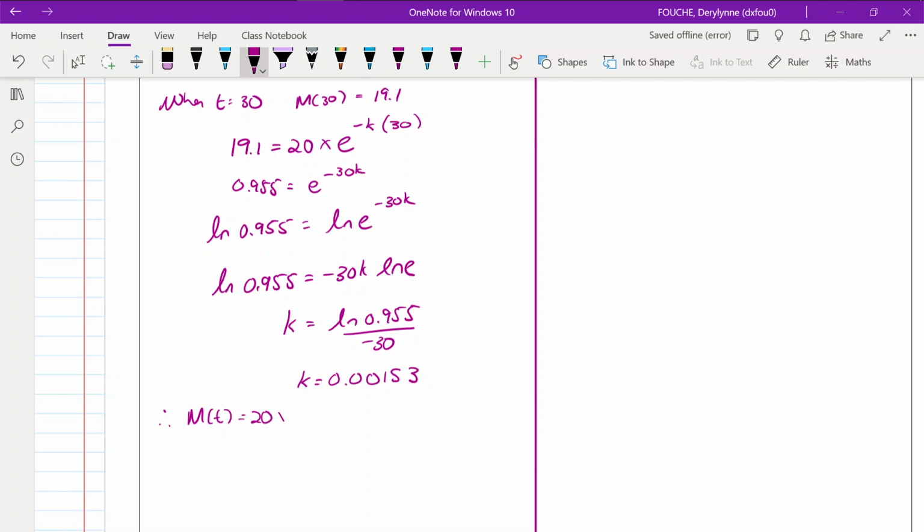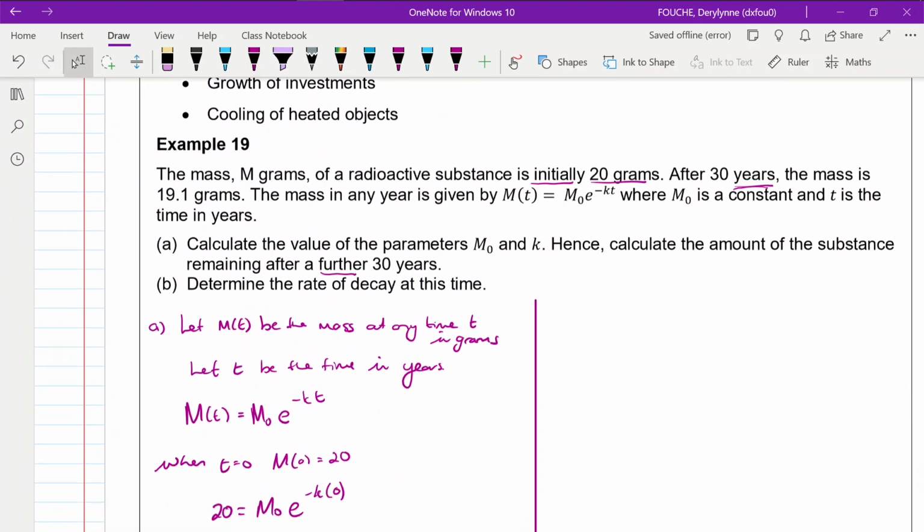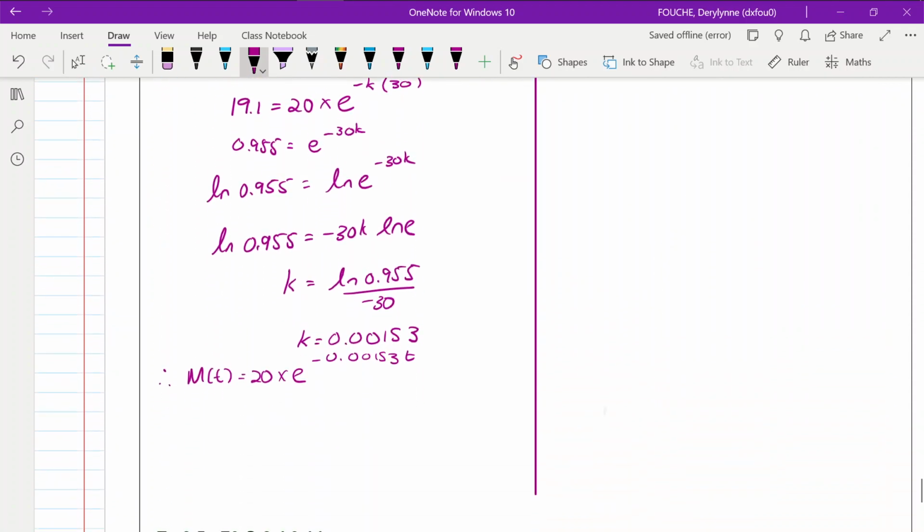Okay, I've just solved for my two parameters, and I then know that m(t) is going to be 20 times e^(-0.00153t). Alright, and it says hence calculate the amount of substance remaining after a further 30 years. So a further 30 years means at time t equals 60. So now we're looking for m(60).